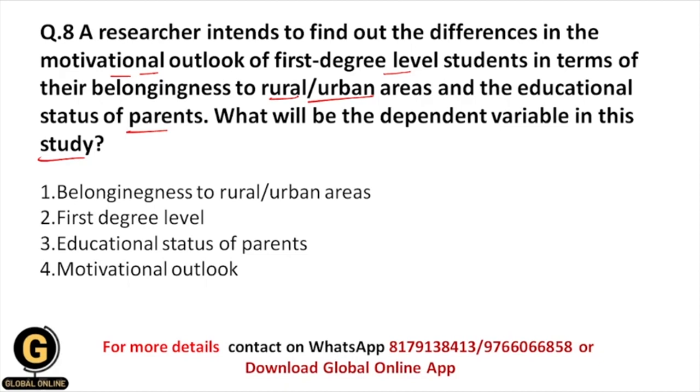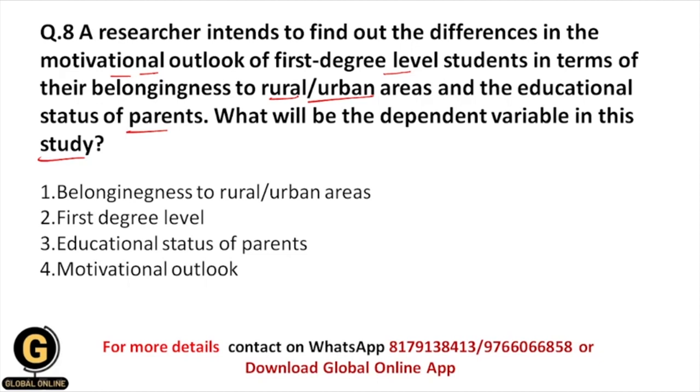motivational outlook should be the dependent variable, because the variable which is under study, the effect variable, is motivational outlook, and the independent variables are belongingness to rural or urban areas and educational status of their parents.